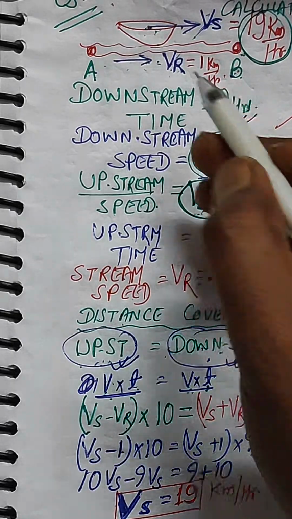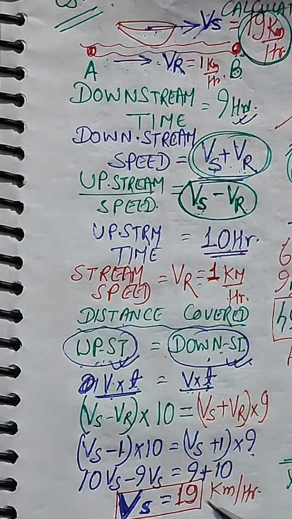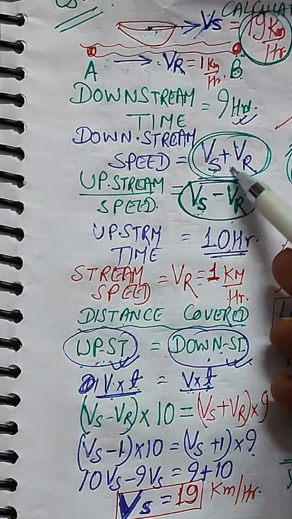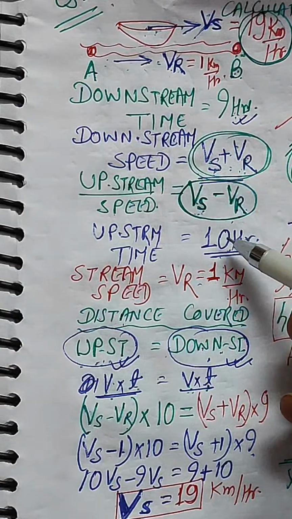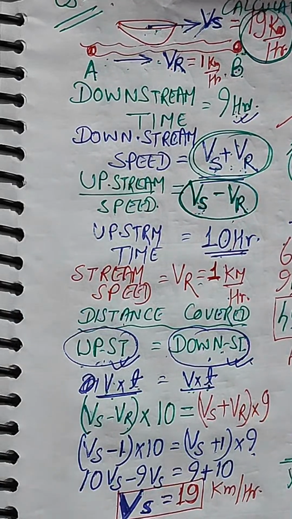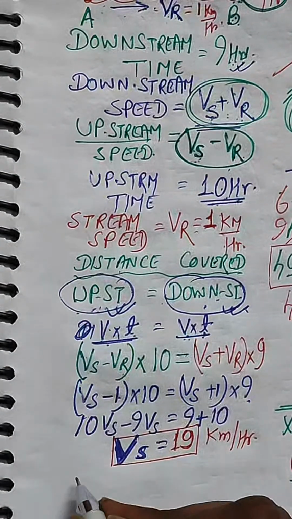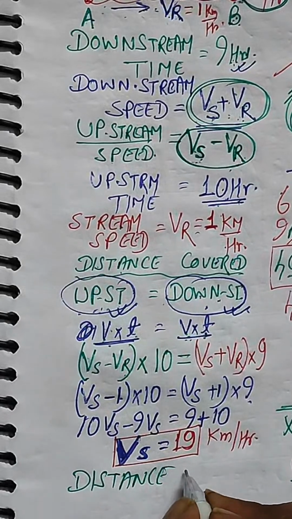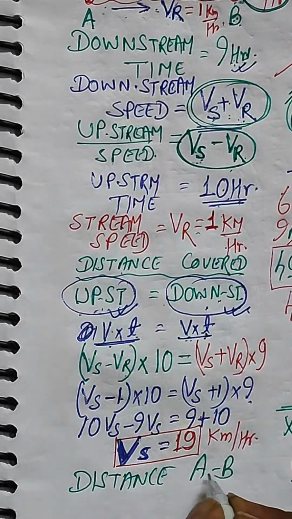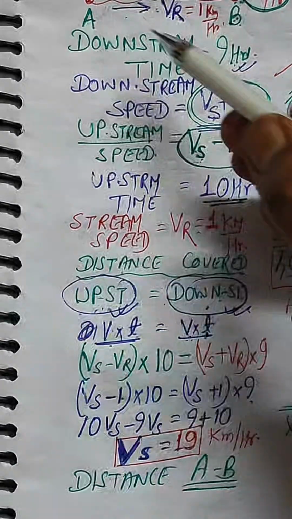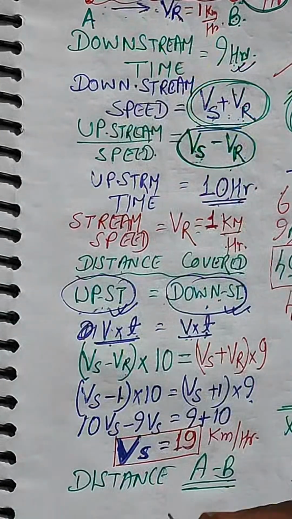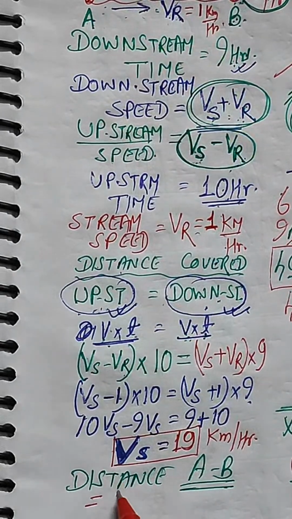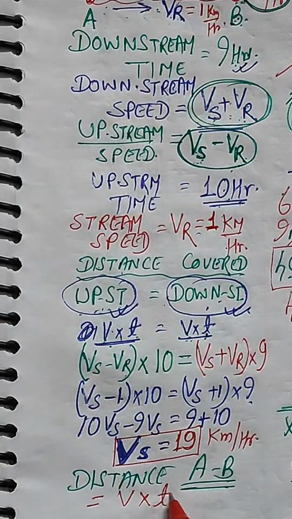So the distance between the ports also needs to be calculated. You can take either the upstream speed or the downstream speed and multiply it with the given upstream time or downstream time. So let me show you. The distance between the two ports A and B is equal to velocity into time.